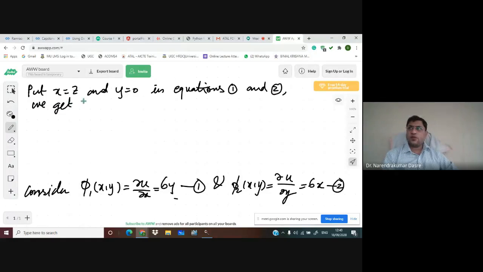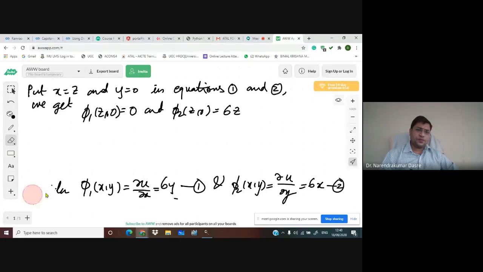We get phi1 of z,0 is equal to 0 and phi2 of z,0 is equal to 6z.